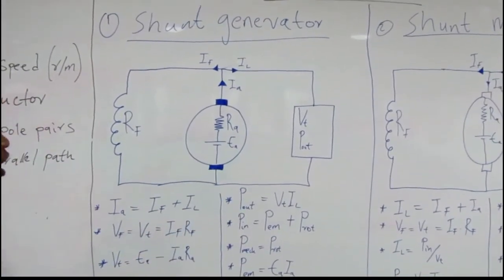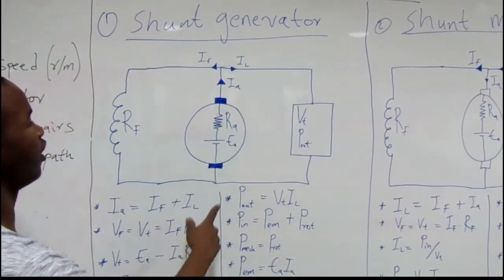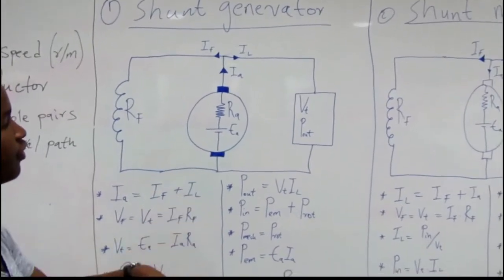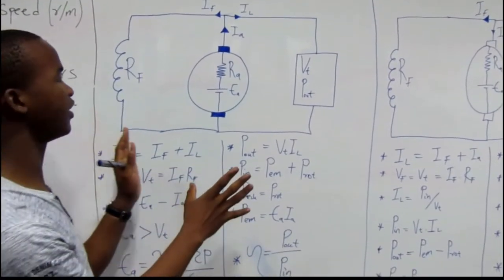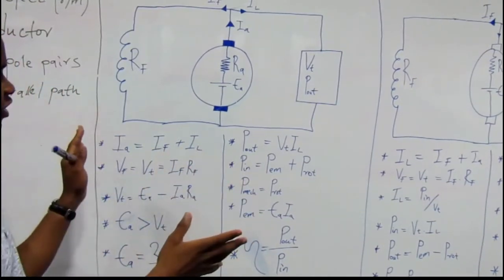Then these we call brushes, and inside the armature we also have the interpole resistance, but for now we are not given interpoles. Usually they don't give you interpoles for such a shunt generator.